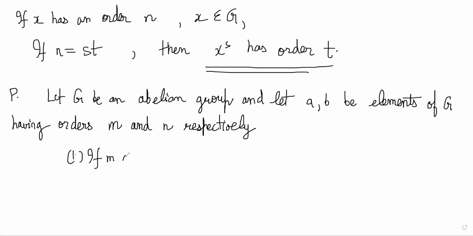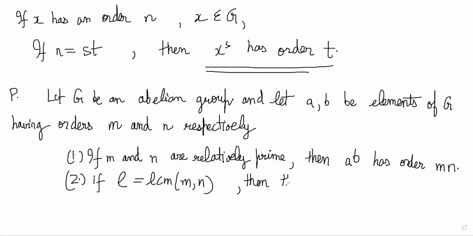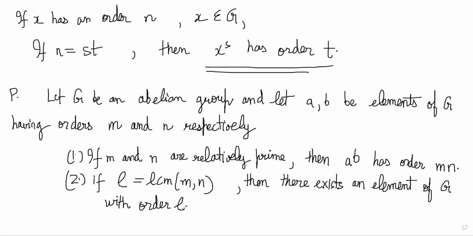And if m and n are relatively prime, then AB has order mn, and if L is equal to LCM of m and n, then there exists an element of G with order L. Again, the proofs of these properties, I want you to look at the proofs yourself and see if you can do them. If not, please let me know in the comments and we'll discuss the proofs in detail.